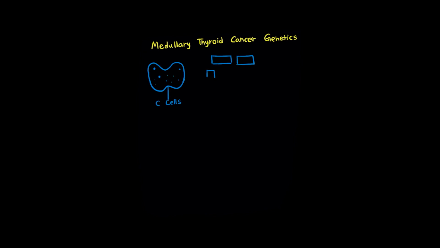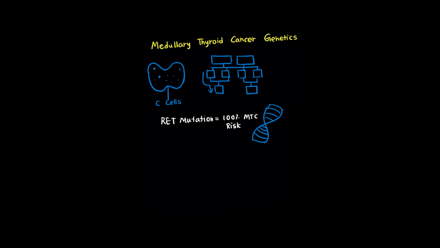Genetic counselling in medullary thyroid cancer focuses on identifying at-risk family members. MTC differs from other thyroid cancers because it often has a hereditary component. The RET proto-oncogene, located on chromosome 10, when mutated, causes hereditary MTC. Family members who inherit this mutation have nearly 100% lifetime risk of developing MTC. RET testing allows identification of mutation carriers before cancer develops.